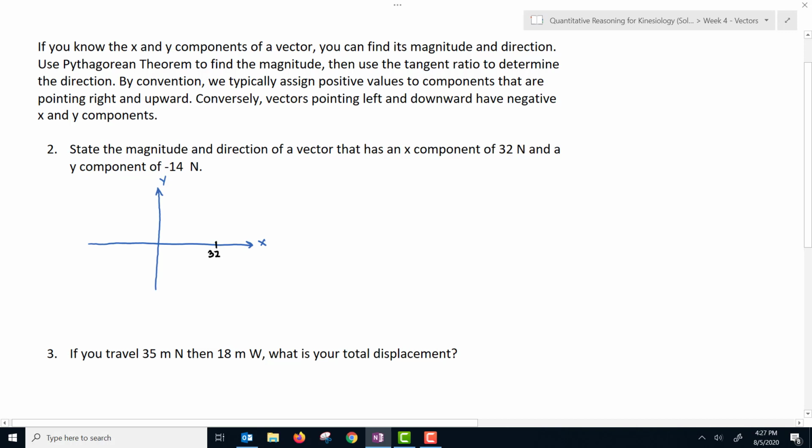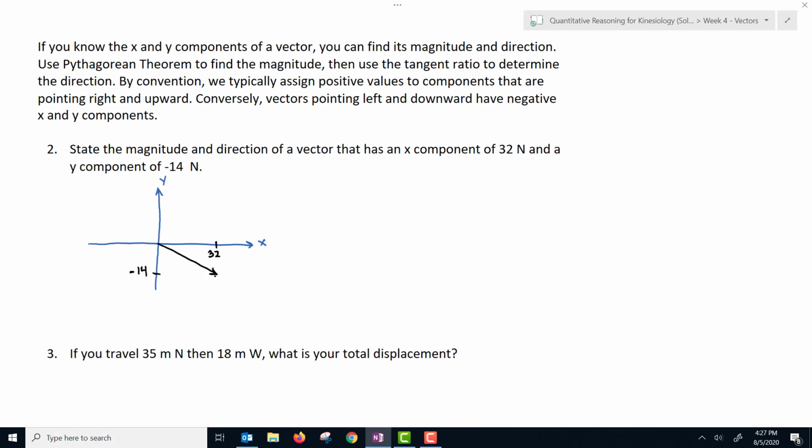My y component is negative 14, so it's below the x-axis because it's negative. So I have a vector that has an x component of 32 and a y component of negative 14, so it looks something like this. Okay, so it goes to the right 32 and down 14.